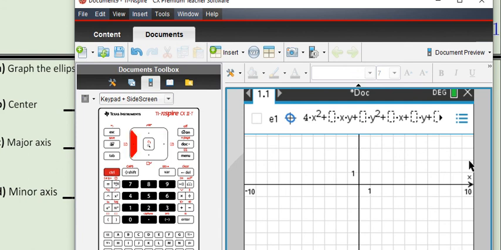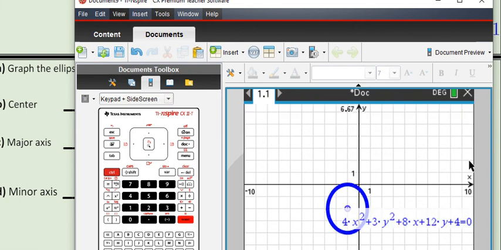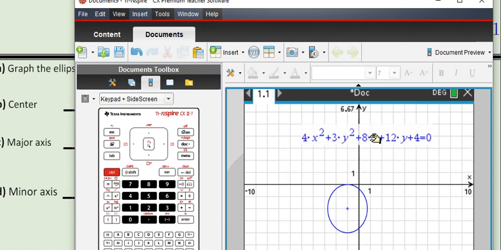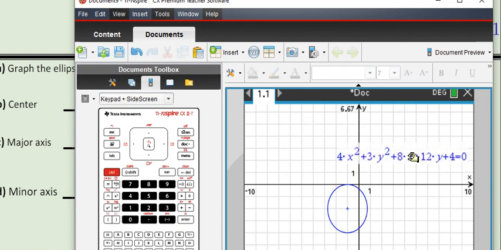I don't have an xy term, so I'll just put 0, plus 3y squared, plus 8x, plus 12y, plus 4 equals 0. And that is my ellipse. So there's my equation. Everything's all set, and I'm good to go.